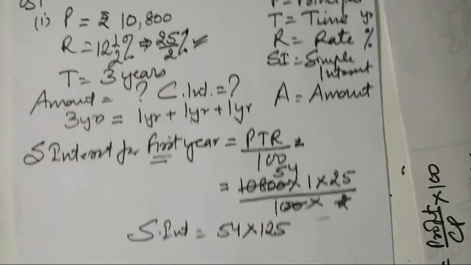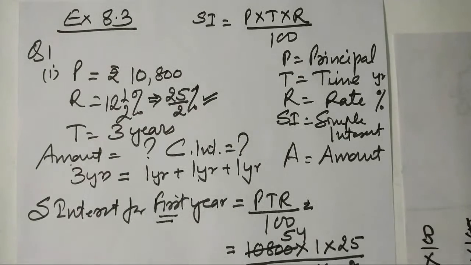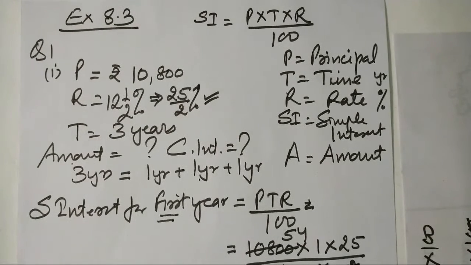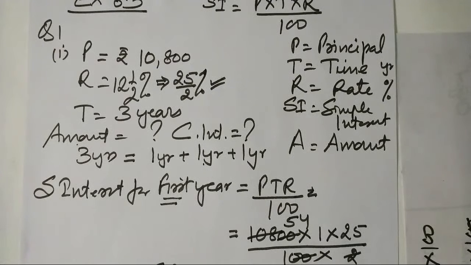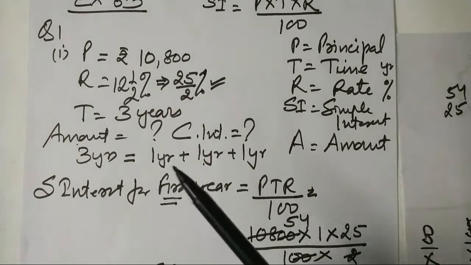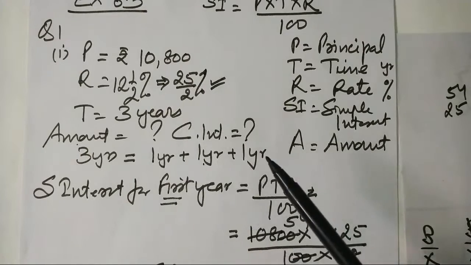So watch the steps. First you will divide the time of 3 years into 3 parts, because we are finding the compound interest. Since you are calculating the compound interest, you will find the interest for first year, then second year, and then third year.